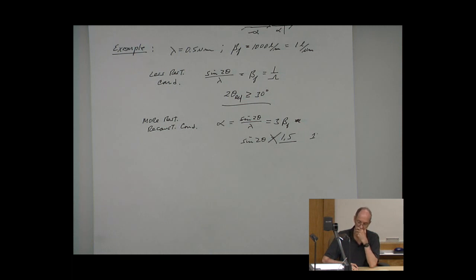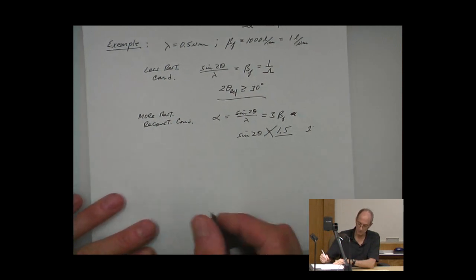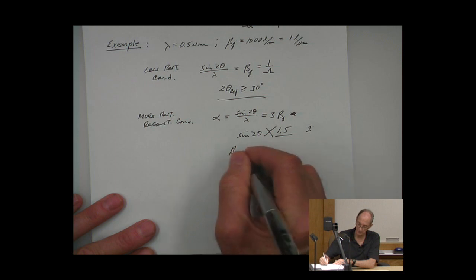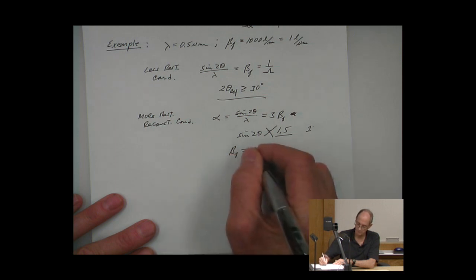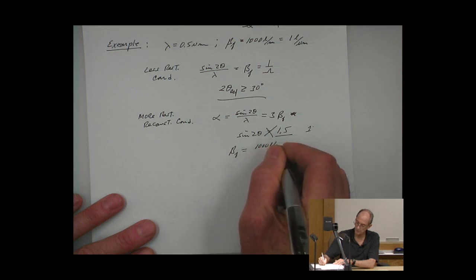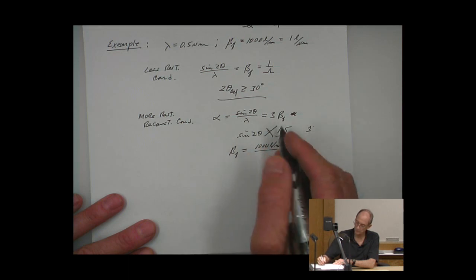So we're stuck there. So you can see that if we have to work with an object with that spatial frequency, we can't really do it. All right. So what's the maximum spatial frequency we can get with this wavelength? Well, that's just going to be equal to having this b sub f equal to 1,000 lines per millimeter over 1.5.